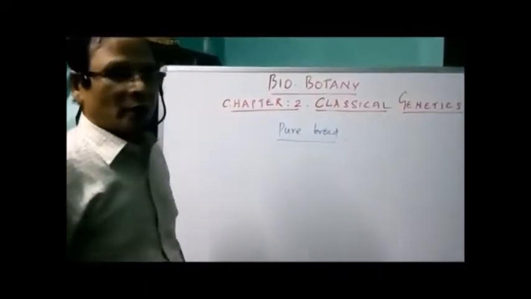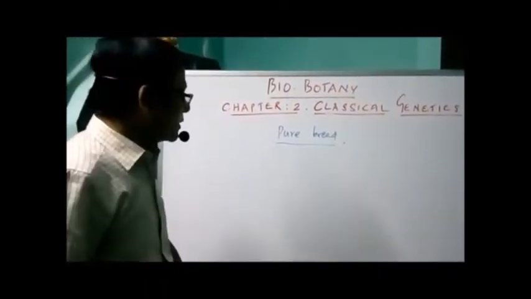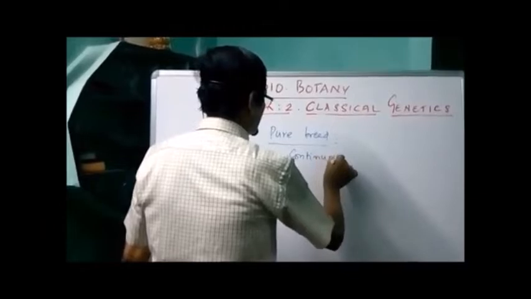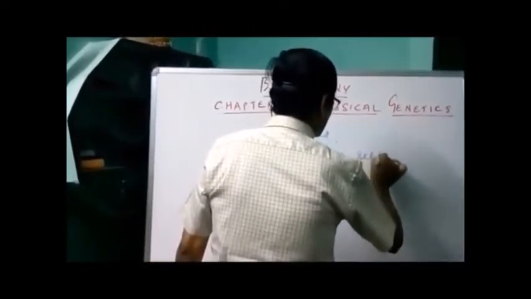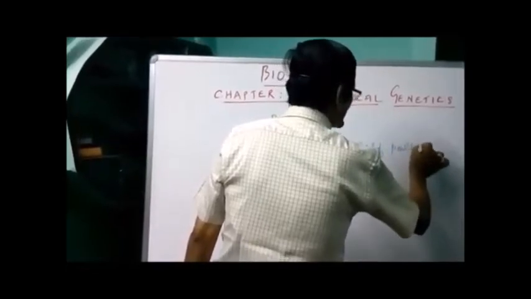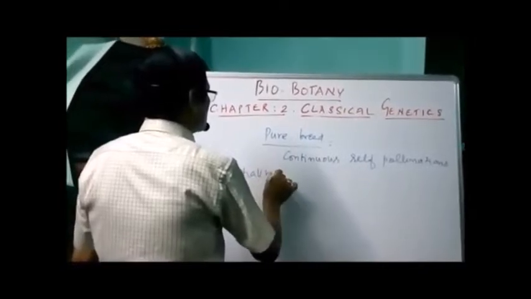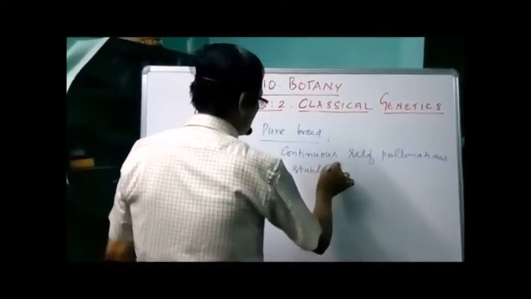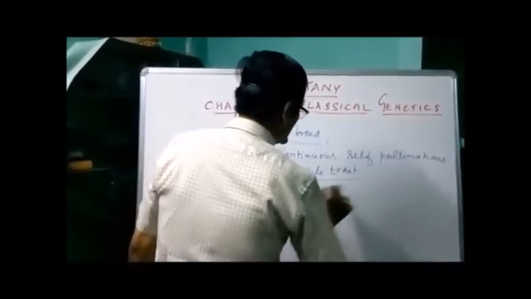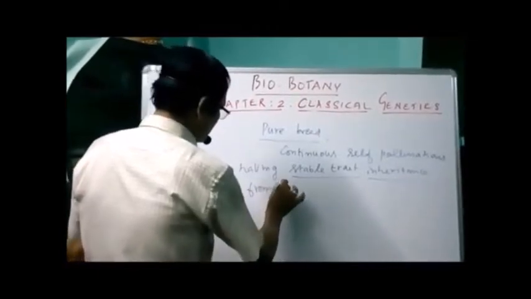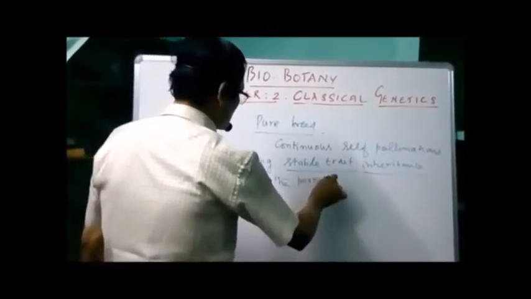A pure breed is one that has undergone continuous self-pollinations, having stable trait inheritance from the parents to the progeny, from the parents to the offspring.